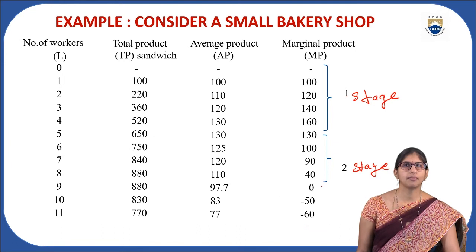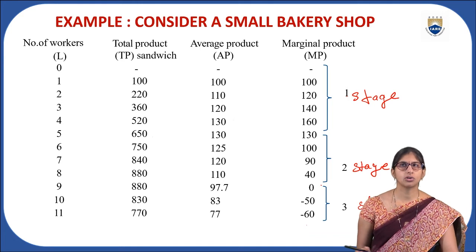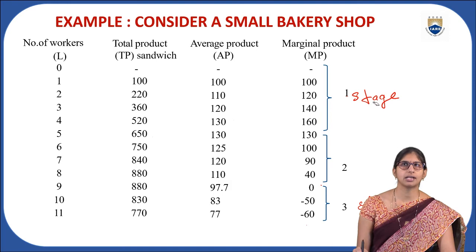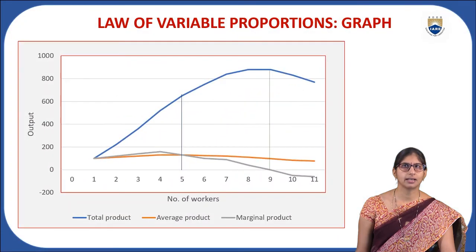And from zero, where it has become negative, we call that the third stage. Okay, so using this as an example, we can plot a graph of the law of variable proportion. So you can see this graph here.